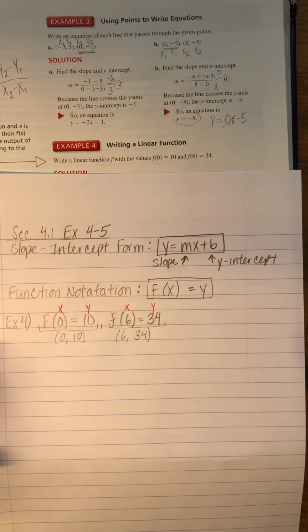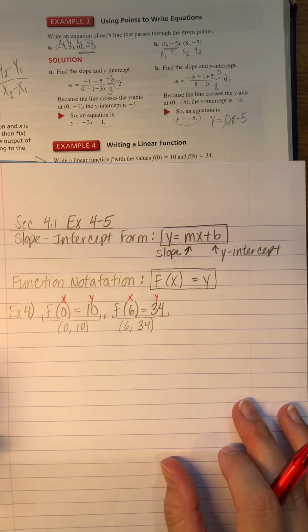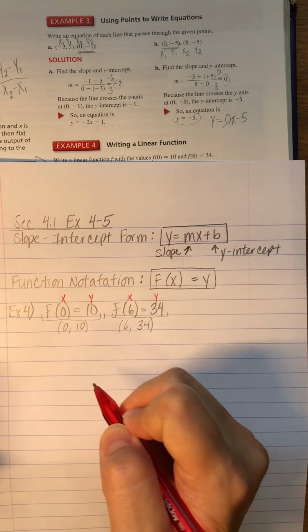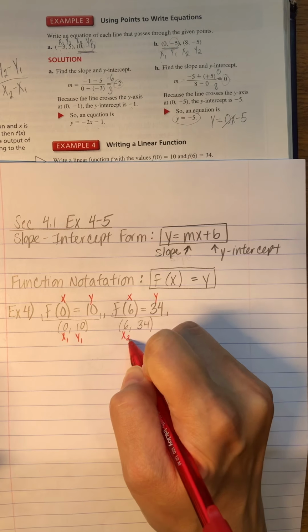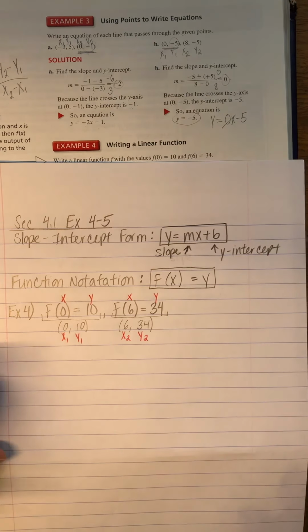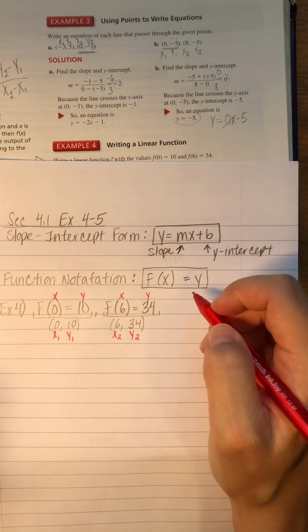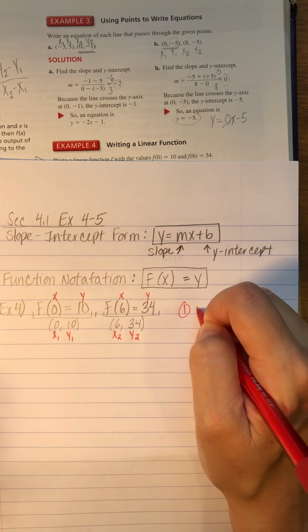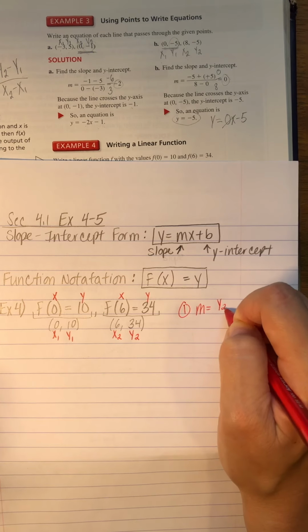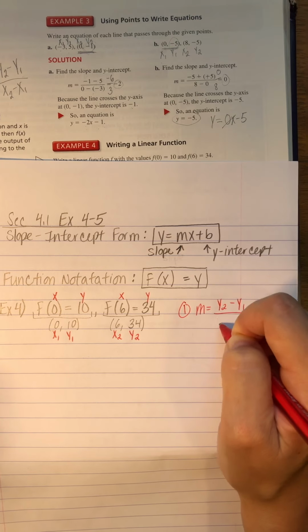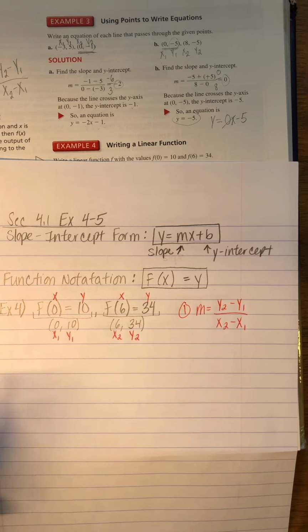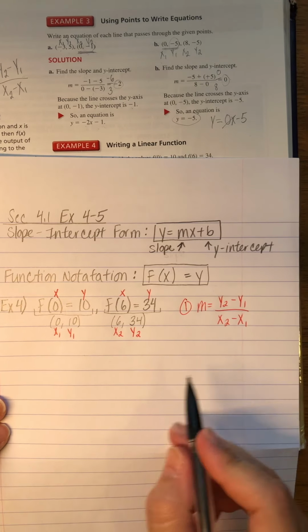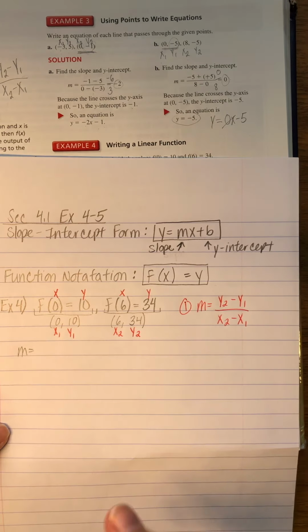All right, so now we're going to use this information and let's find our equation. So we have x1, y1, x2, y2. We're going to first find the slope. Remember our slope formula, we're going to do y2 minus y1 over x2 minus x1. That's our first step. Let's plug it into our slope formula and let's find our slope.